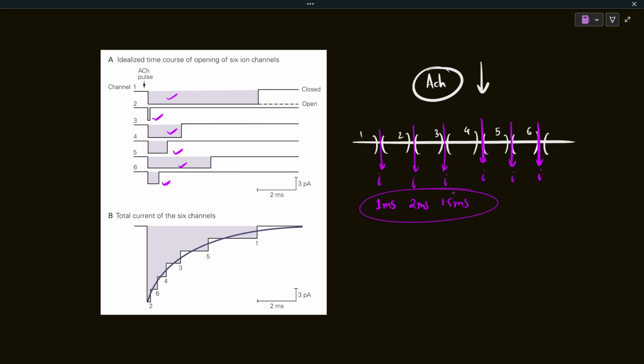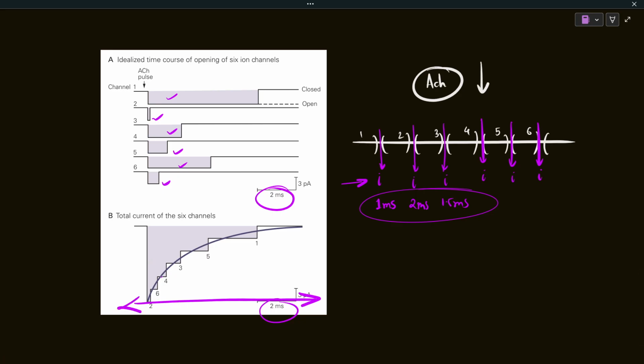Even though the ion channels are producing the same current, why does that current dissipate? That current has a smooth decay because all of those currents are being generated for different time frames. The scale here is 2 milliseconds.